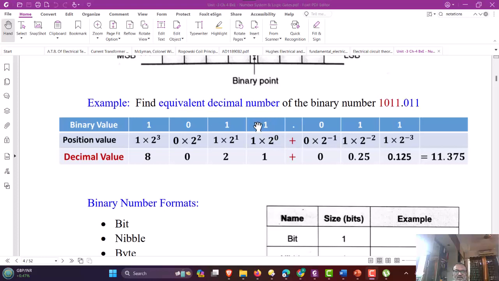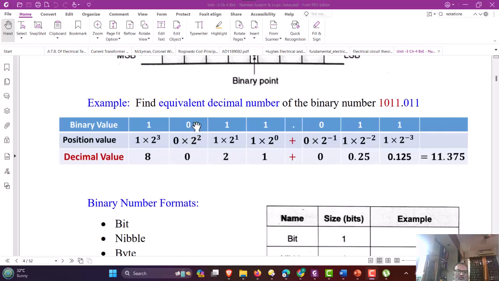Consider the binary point. The left side of the binary point is the integer portion. The zeroth position has the weight 2 raised to 0. So the digit is 1 into 2 raised to 0. The positional value is therefore 1. The first position is 1 into 2 raised to 1. Therefore, the weight of this position digit is 2.